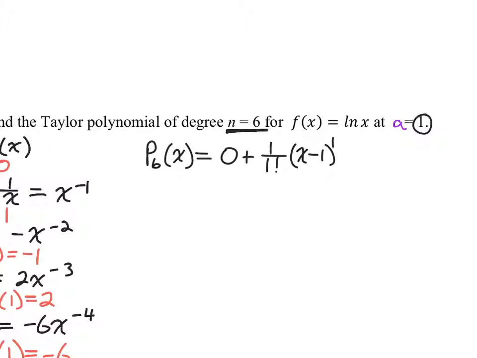In reality, that 0 is 0 over 0 factorial times x minus 1 to the 0th power, because all the other stuff canceled away. The next one would be plus negative 1 over 2 factorial times x minus 1 to the second power.